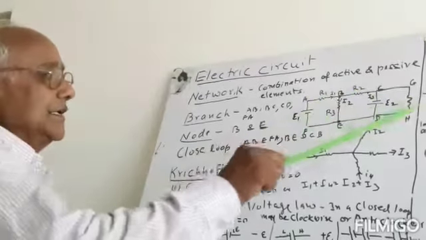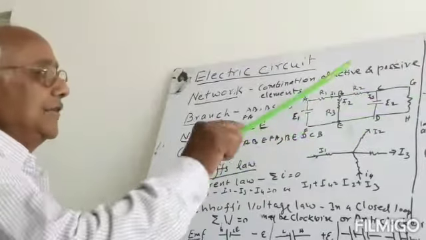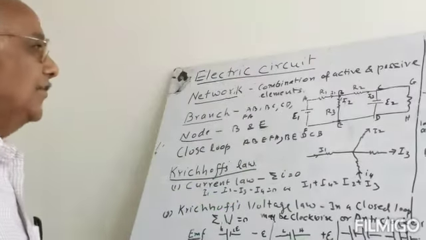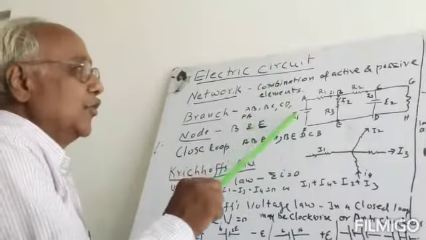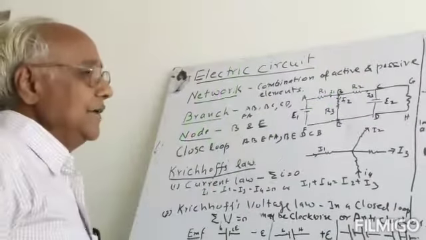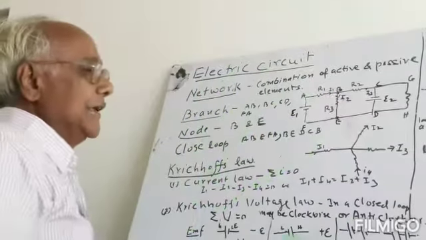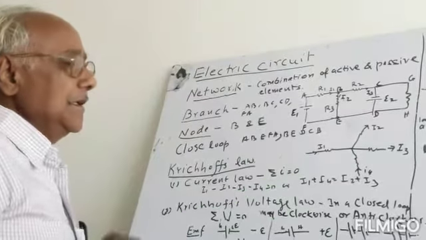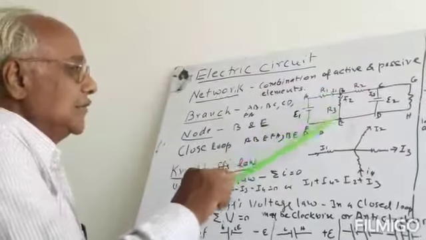So this circuit is a network in which there is a connection of battery, which is the source, and the resistances. Now the network can be of two types. One is the active and another is the passive. Active means this circuit which has got the battery.